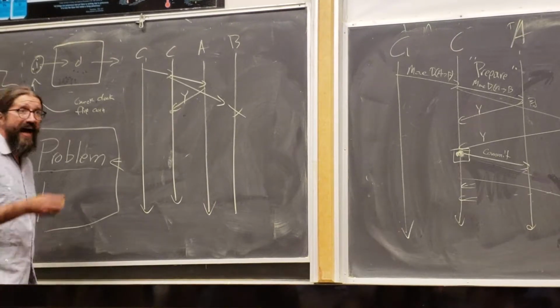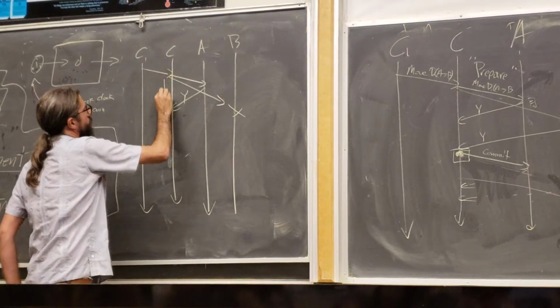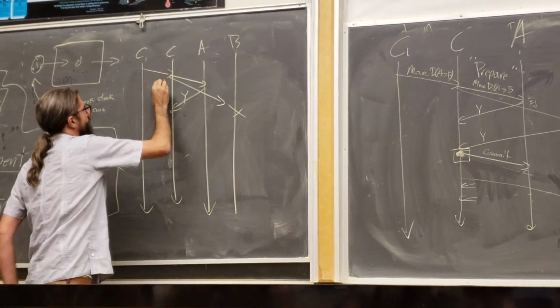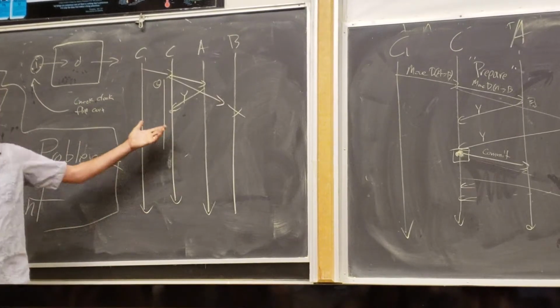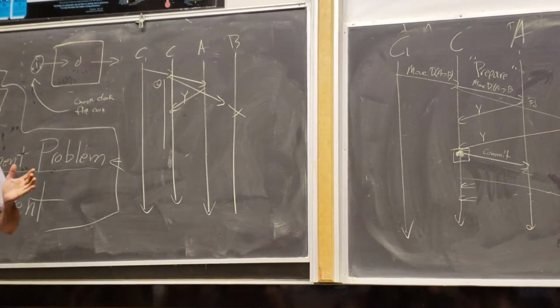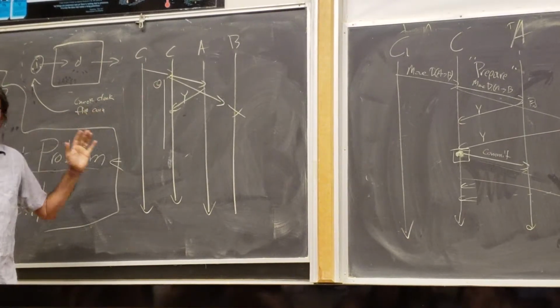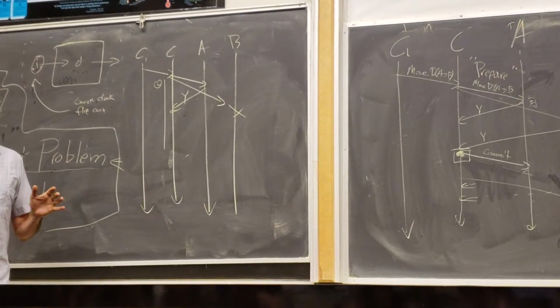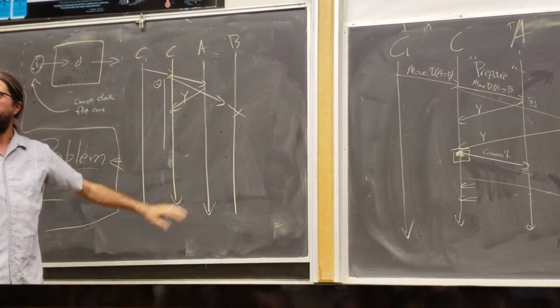We could add a little bit of logic: the coordinator could set a timer, roughly how long it thinks it should take. And we know that in an asynchronous network, this timer is sometimes going to fire too soon, but we just accept that fact. We're willing to trade occasional aborts due to the timer firing too soon, because we think that's better than blocking in the event that we lose this guy.